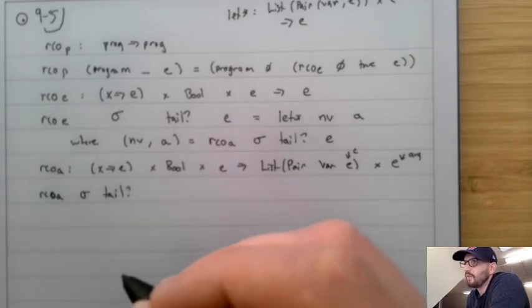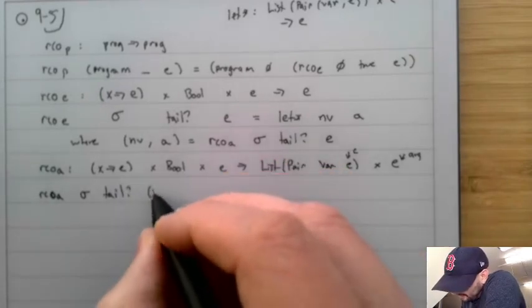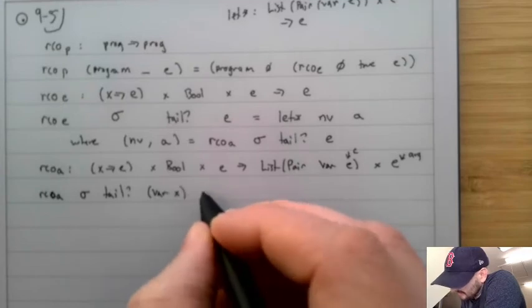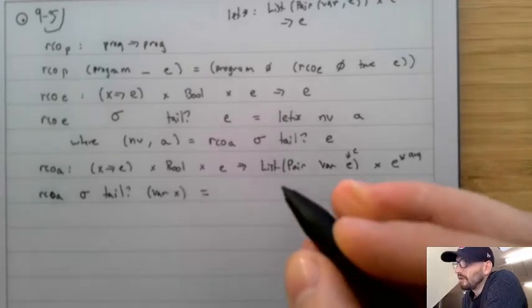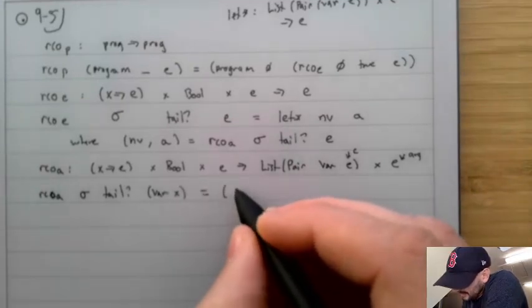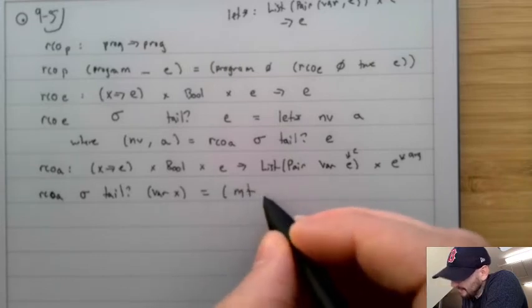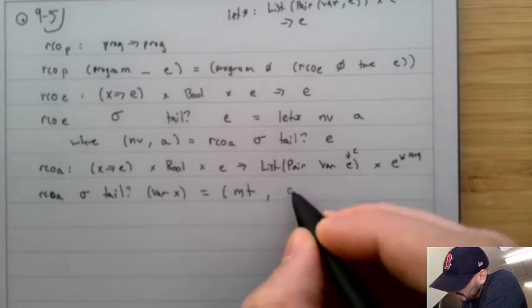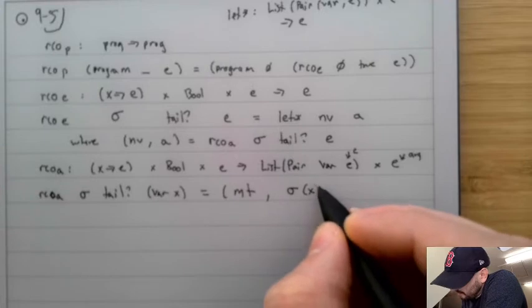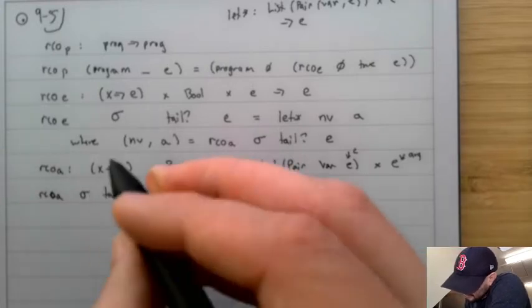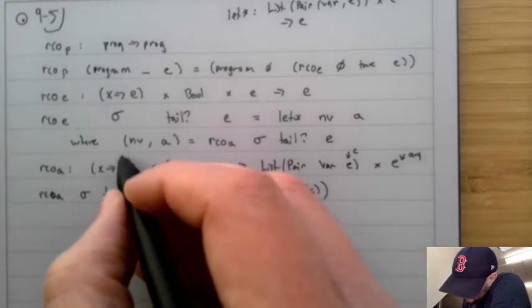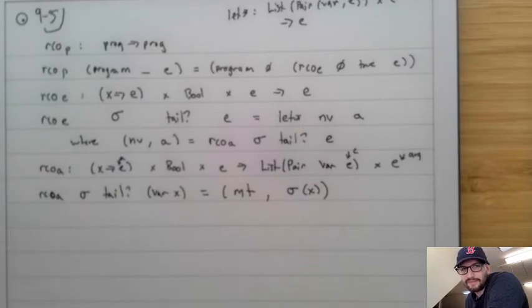Okay, now what happens if we see a variable X? In that case, we're going to return an empty list, which I'll write as empty, and then we're going to look up inside of rho what it remaps X to. Because this mapping, by the way, maps things to A's. A's are just a kind of expression.